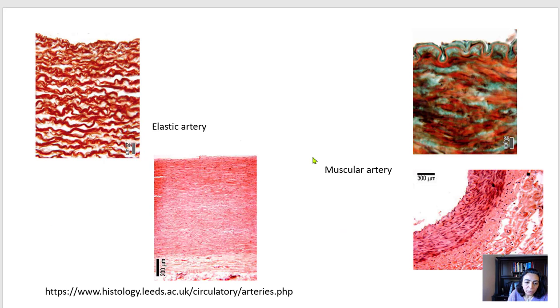So here you see a picture of the elastic artery and compare that to the muscular artery. You see that in the elastic artery, all of these fibers that you see are elastic fibers. So they make a very big portion of the vessel here, compared to the muscular artery that has a thick muscular layer here.